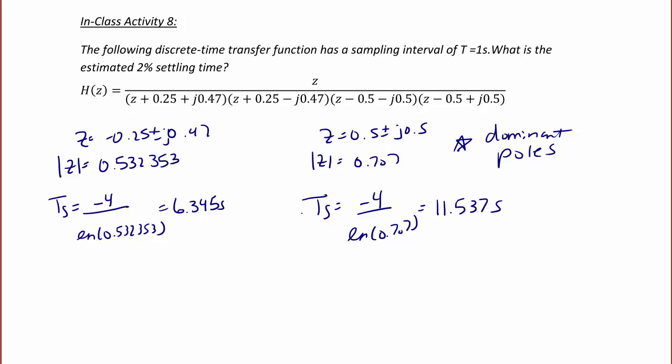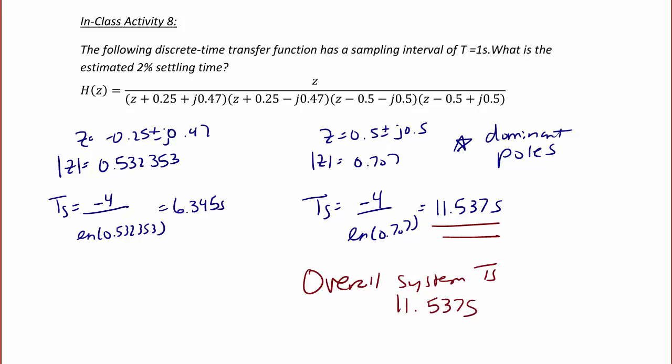So as we stated earlier, 0.5 plus or minus j 0.5 does take longer to settle. So the dominant poles are 0.5 plus or minus j 0.5. And the overall system settling time is also 11.537 seconds. And this concludes today's lecture on discrete time systems analysis, settling time, and stability. Have a great day.